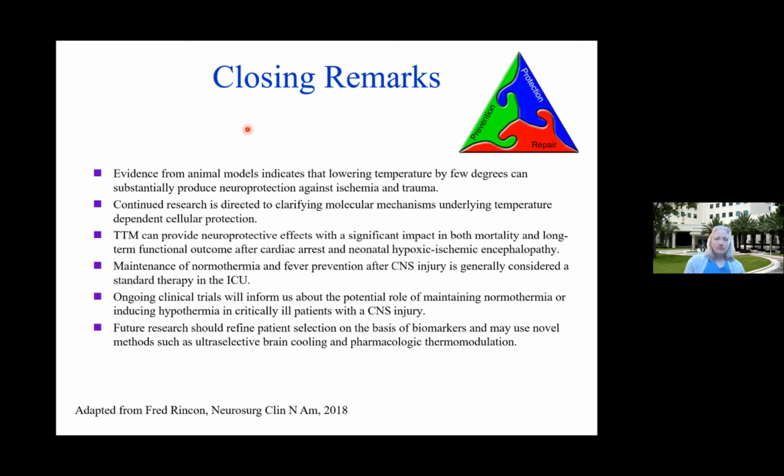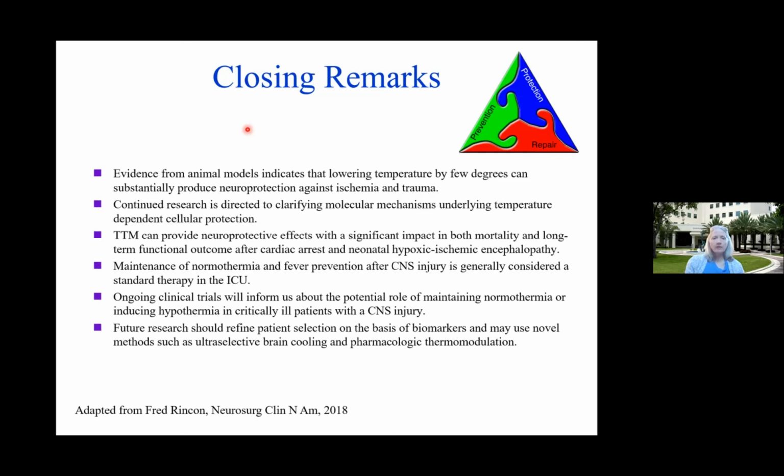We do see them effective short-term in our animal models, but because of some of the work that was done at Miami, resulted in changes in the guidelines for cardiac arrest and neonatal hypoxic ischemic encephalopathy as well. It's recommended that hypothermia is used. And of course, maintaining normothermia in the ICU, preventing fevers after CNS injury is very important and is generally considered a standard of care in the ICU.